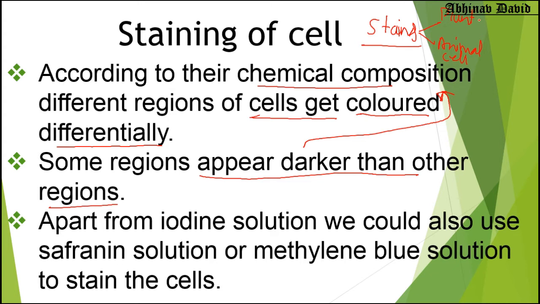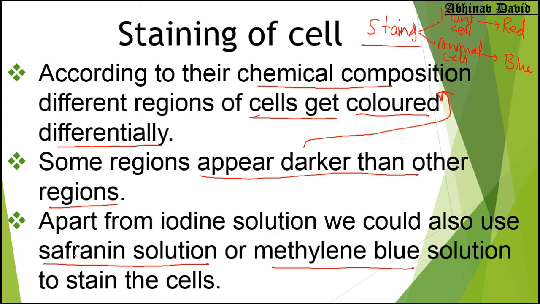The stain which we use to color the plant cell is red colored, and it is called safranin. Then we have a stain for animal cell that is of blue color, and that is called methylene blue.